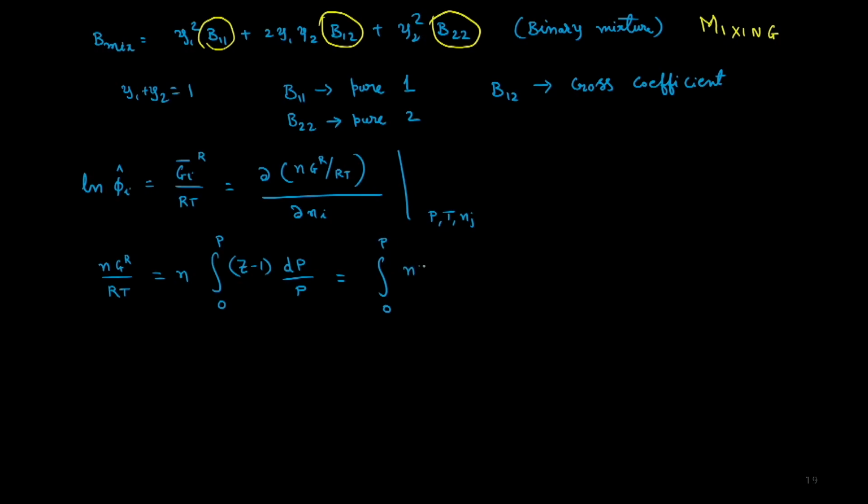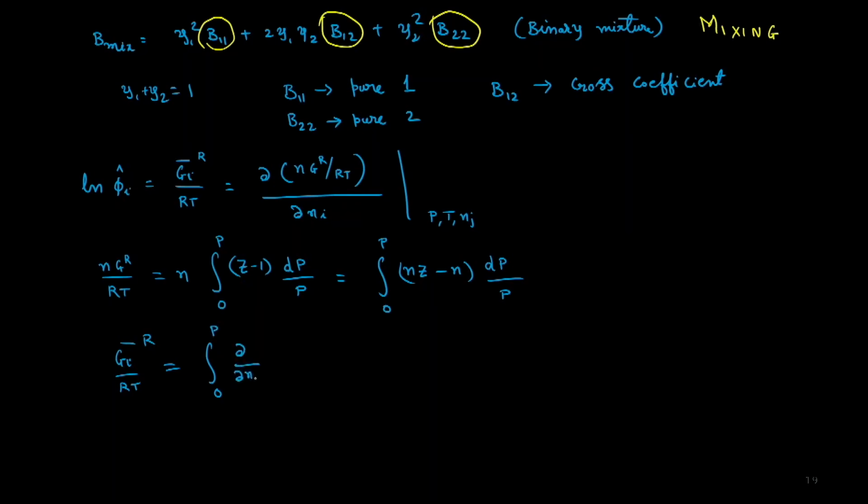Let's take N inside. It will be (NZ minus N) dP by P. So Gi bar R by RT will be the derivative of this with respect to Ni. We can take the derivative into the integral.